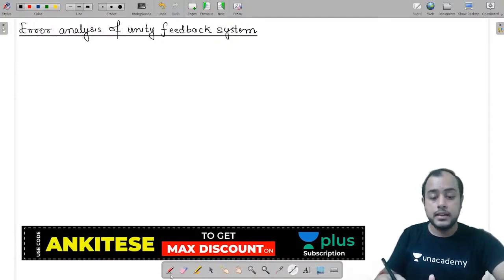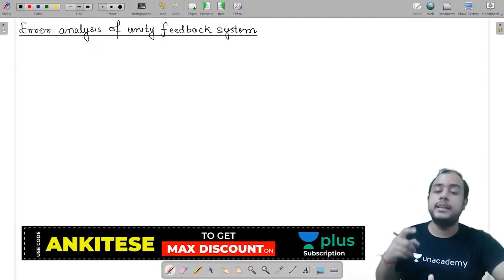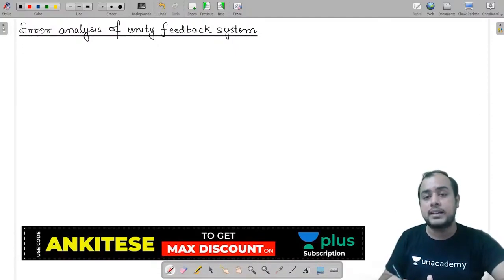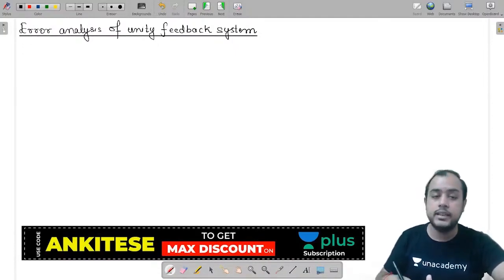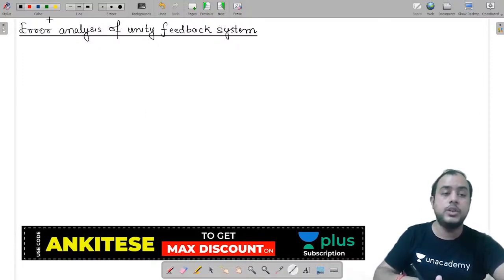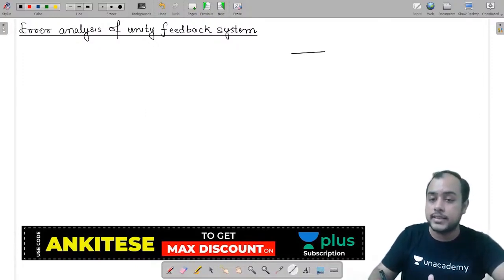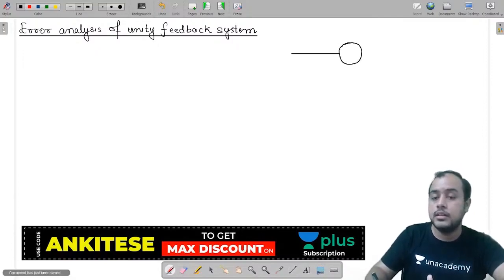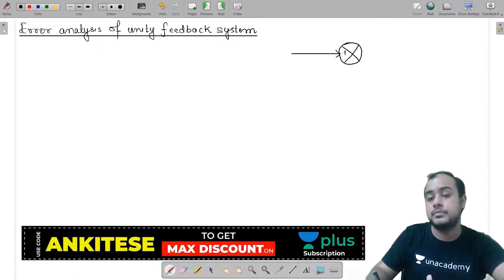Now, unity feedback means that the system will have a forward path transfer function, but the feedback path function would be unity. Let me draw such a system for you guys. This is the summing element.